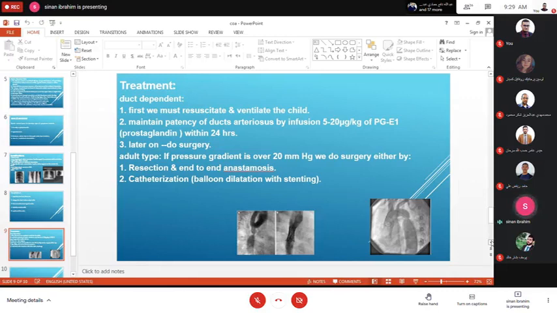This is the most important treatment in the patient with ductal dependent lesion.